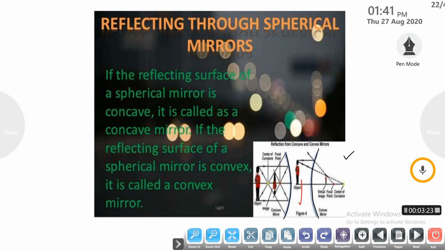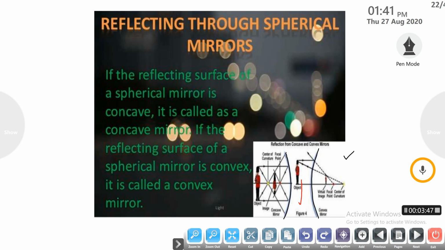The line that passes through the center of this concave mirror is called the principal axis. When light rays fall on a concave mirror, they meet at a point known as the focal point, because it converges all the light rays at one point.